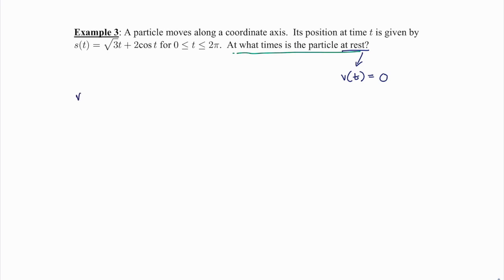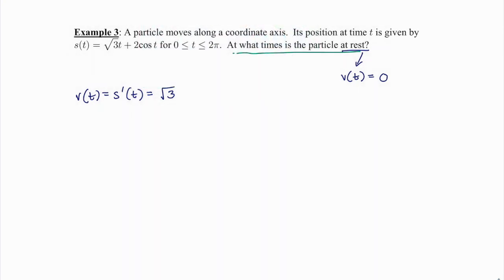So we need to figure out what the velocity is, and we remember that the velocity is the first derivative of position. And the first term in this position function is just linear. The square root is just on the 3, not on the t. So that will be square root of 3, the slope of that linear function, the coefficient on t, plus 2 times the derivative for cosine of t, which is going to be a negative.